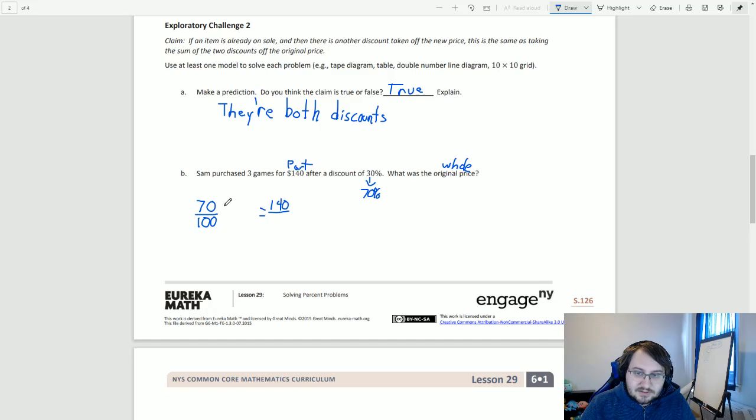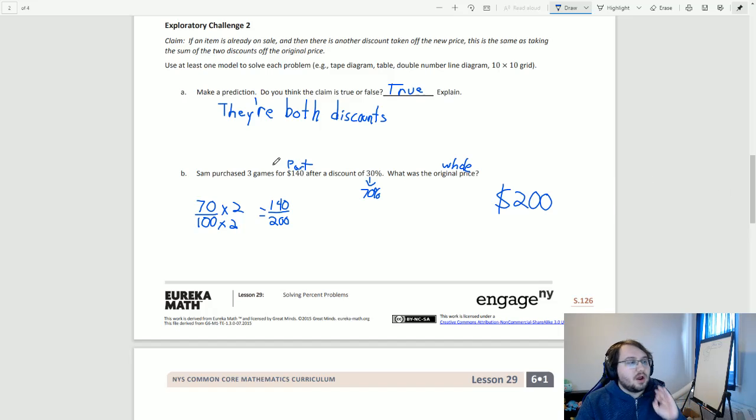That means all I need to do is multiply my 70 by 2 and my 100 by 2. 70 by 2 is going to give me that 140, and my 100 by 2 is going to give me 200. That means that the original price for these 3 games was $200.